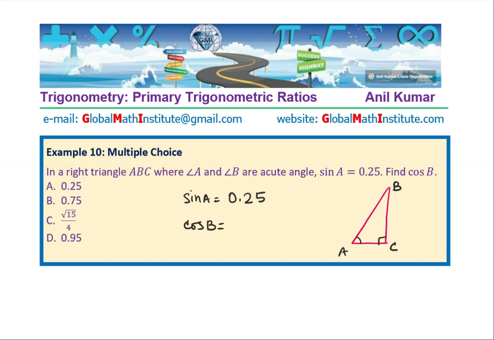So sine A really means we are given the ratio of which two sides? This over that. And what is cos B? Well, cos B is also BC over AB, right? And sine A is what? It is also BC over AB.